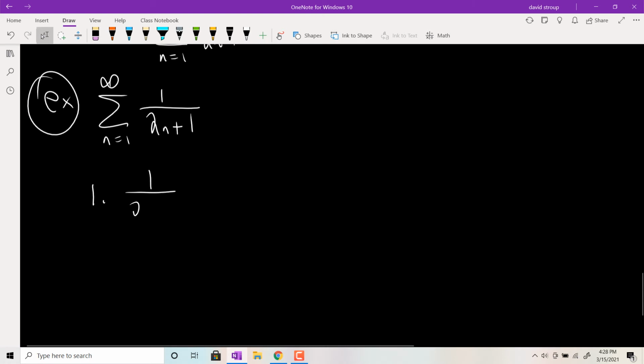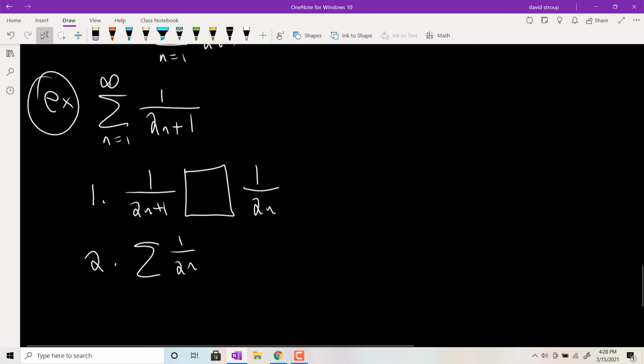So we have 1 all over 2n plus 1, and then if we get rid of the plus 1 part, we can just compare it to 1 over 2n. And then secondly, the series 1 over 2n is basically harmonic, divergent. And then thirdly, hence both diverge, right?